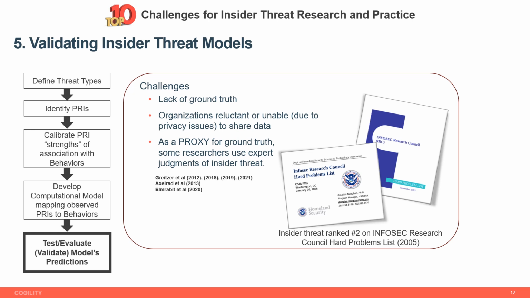Several examples of published work that use expert judgments as proxies for ground truth are listed here. There are also some data banks or synthetic insider threat test cases that are available, including a data set used by Carnegie Mellon's CERT program to support validation.